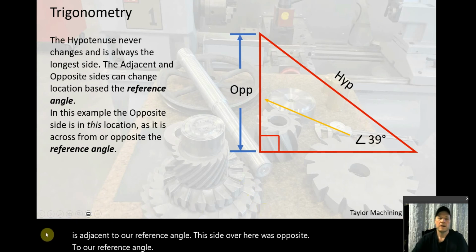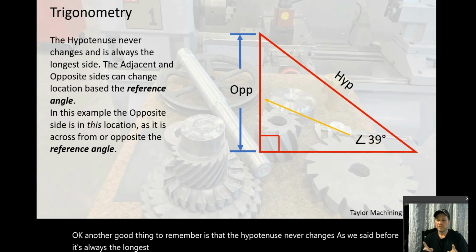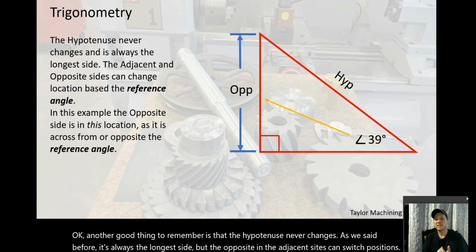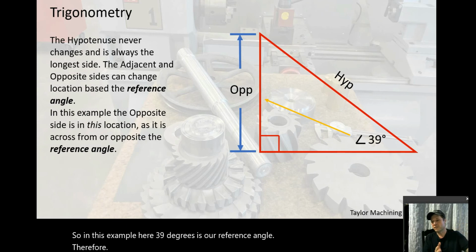Okay. Another good thing to remember is that the hypotenuse never changes. As we said before, it's always the longest side. But the opposite and the adjacent sides can switch positions. So in this example here, 39 degrees is our reference angle. Therefore, the opposite side you can see is identified.